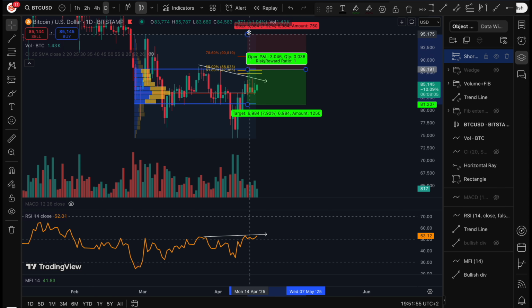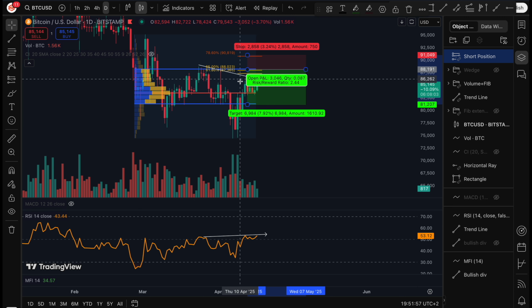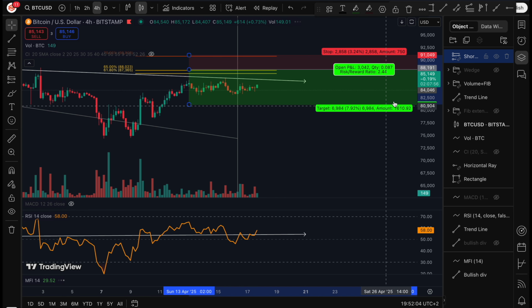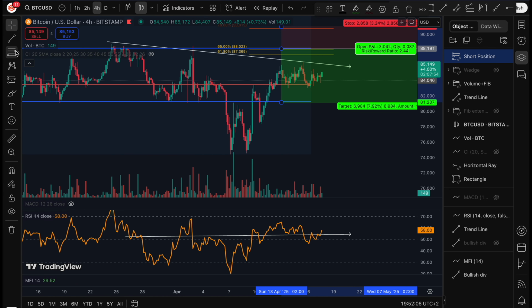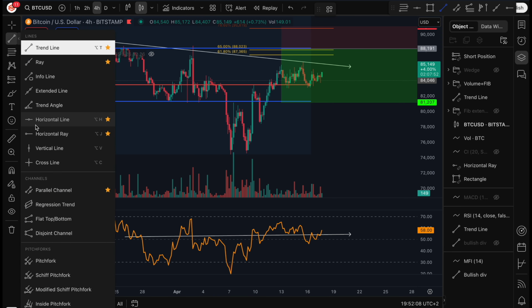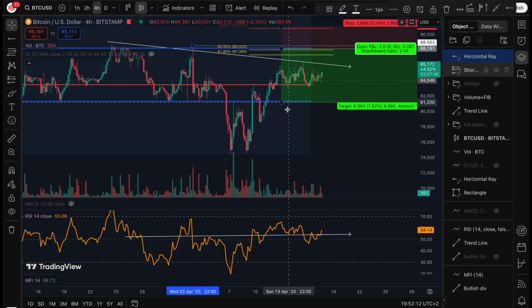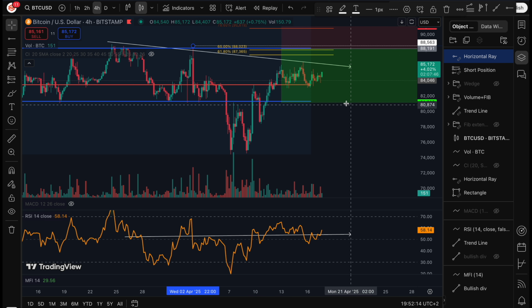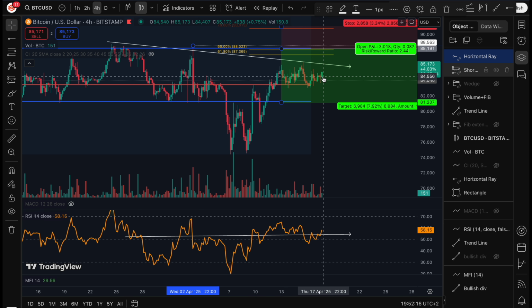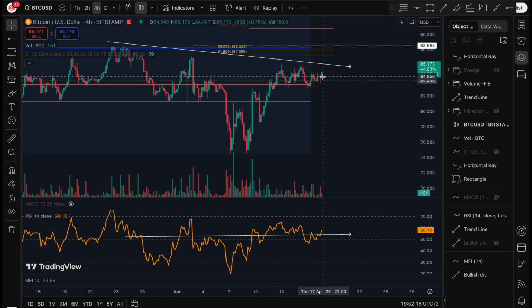If we see some kind of rejection, we're going to put it above the high, potentially grab the liquidity of this high, and then potentially reverse towards the downside. Bitcoin might potentially take out this high and then reverse towards the downside. I would put a take profit around this zone right here, which would be a very good trade, considering that we also have a bearish divergence on the daily time frame.